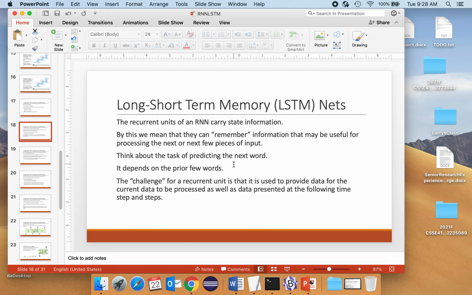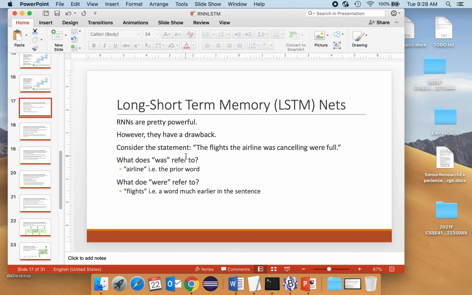Predicting the next word depends on the prior few words, so that's not a big deal. But the challenge for those recurrent units is they need to provide data for the next task, as well as for tasks that are later on.